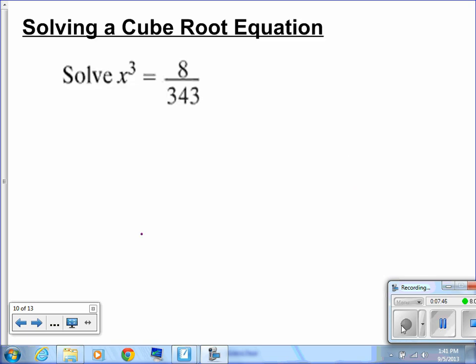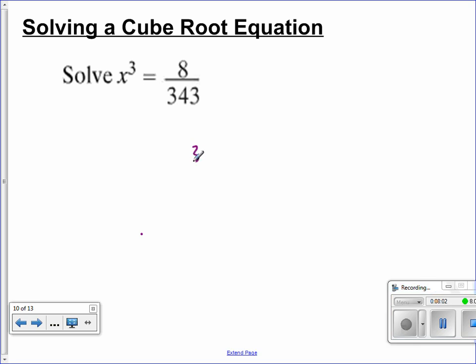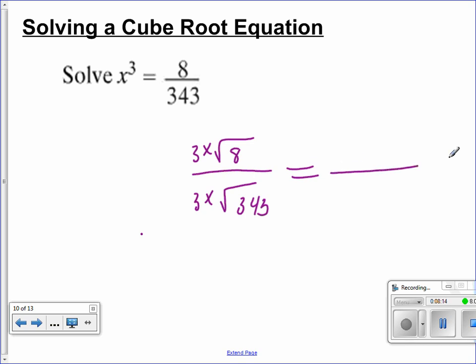When you want to solve a cube root equation, so you're solving x cubed equals 8 over 343, what we're going to do is find the cube root of 8, and find the cube root of 343 using our calculator. 8 will still be our numerator, and 343 will be our denominator.